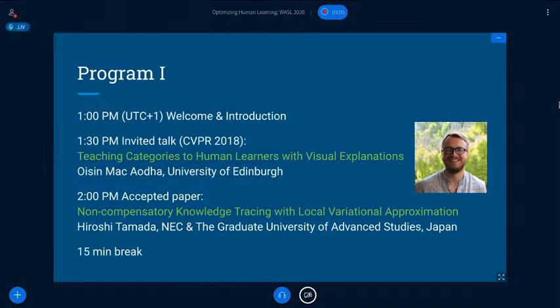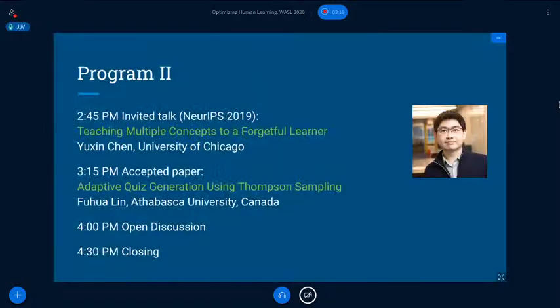After that, we'll have a 15 minutes break. We will then continue with another invited talk from Jill-Jênn from the University of Chicago about teaching multiple concepts to a forgetful learner.